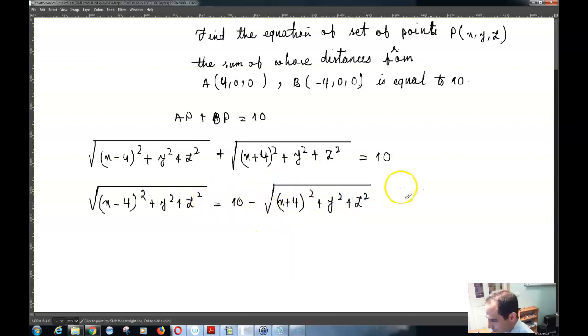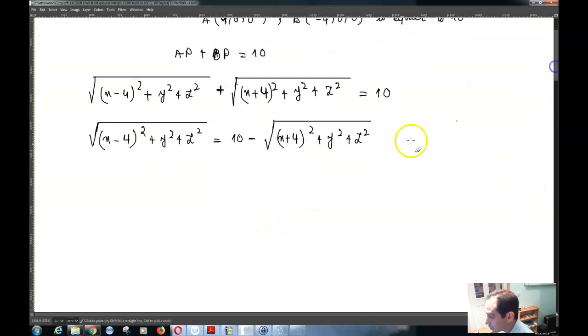And then now you can raise both sides of the equation to the second power.